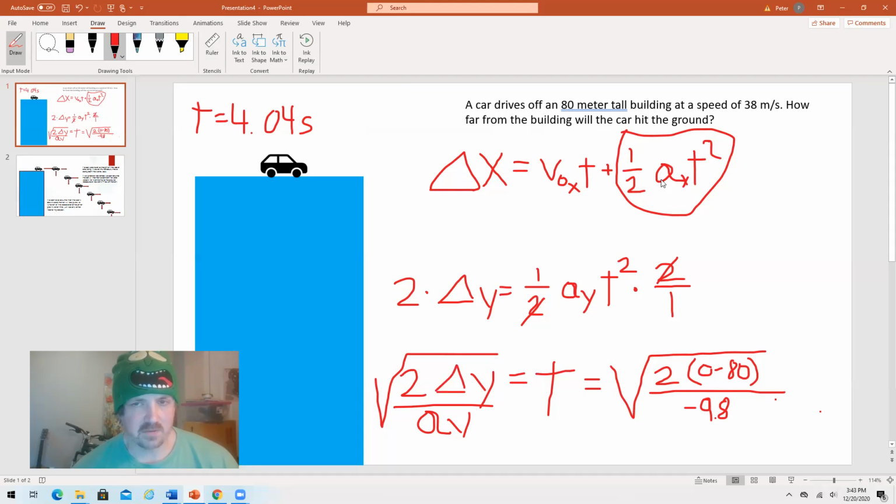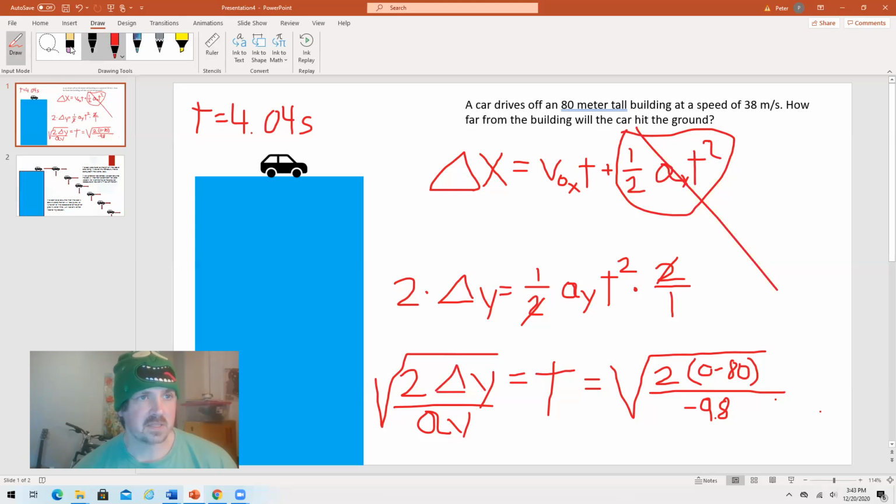So acceleration would be zero in this case, right? Because the velocity simply isn't changing if we're doing this in a vacuum. And so this entire term would be zero, gone, right? And then all we're left with, as far as the horizontal displacement, is just this term right here, the initial velocity in the x multiplied by t, right?